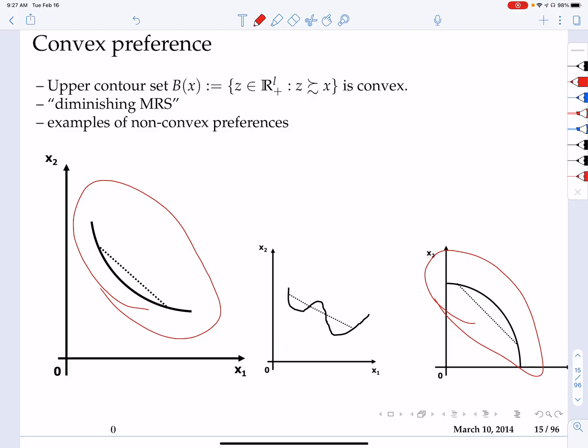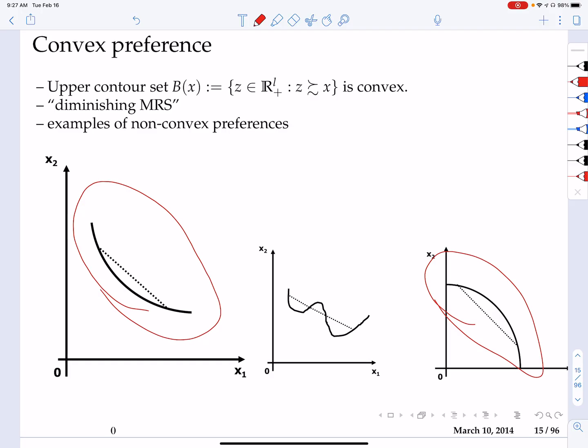Let's say x1 is water, and x2 is bread. Suppose you have lots of water but very little bread.